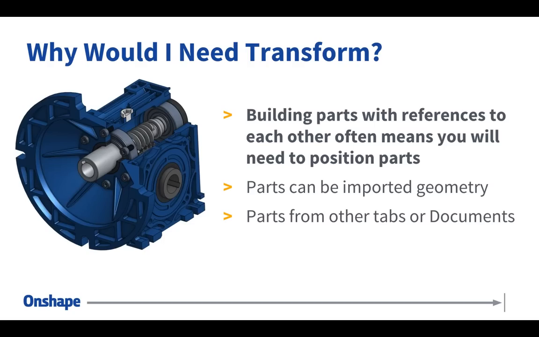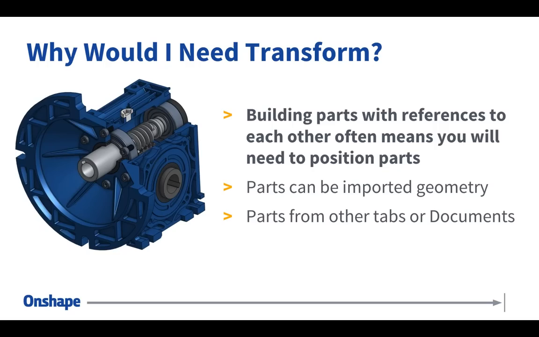But why would you need it? I mentioned it briefly, but a lot of users build parts around other parts, right? If you build a housing, it's going to house something, maybe a motor, maybe a gear, all kinds of different things. But you're building your geometry around other parts. I think it's a very common workflow, whether those parts you modeled or parts you imported, the workflow is going to be the same, and the example is really the same.